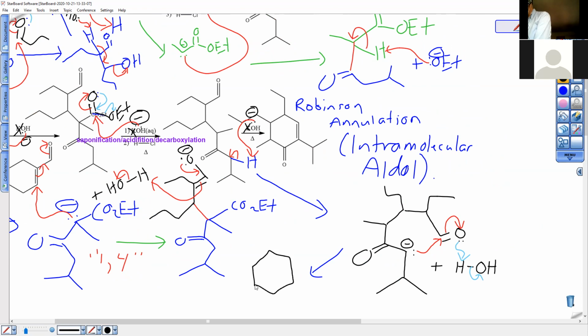It looks like we did a rotation of about 30 degrees, huh? There's an OH here. There's an alpha H here. Needs to go away. We have that. And we're going to make that into our final product.